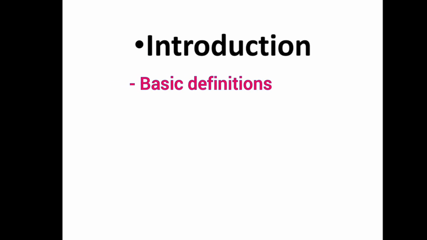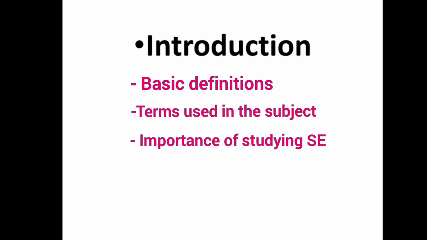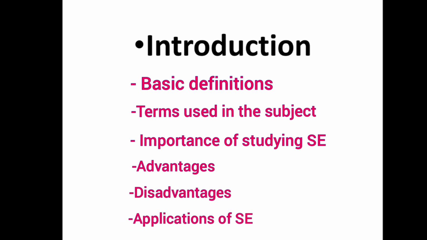See students, the introduction to software engineering basically covers the basic definition, some standard definitions and terms that are used in the subject, why we study this subject, that is what is the importance of studying software engineering, its advantages, disadvantages, where we apply software engineering, that is its applications. So this is all what comes under the basic introduction part of the subject, which will help you to gain the basic understanding about the software engineering subject.